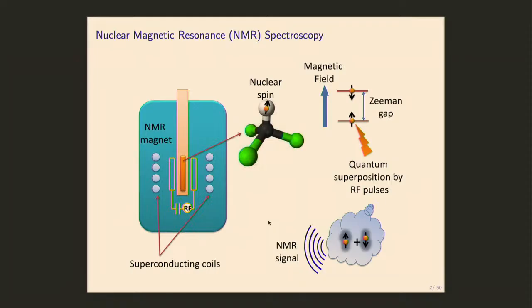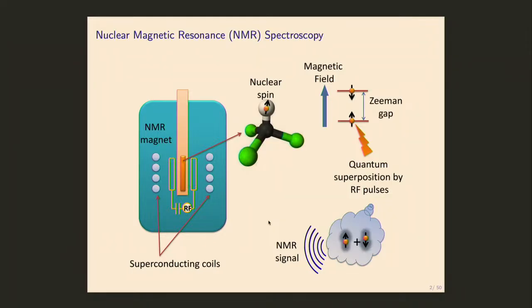There are more spins aligned parallel to the magnetic field than anti-parallel, so there is a net magnetization, and that net magnetization can be tilted by resonant radio waves. You have to make sure that the frequency of the radio wave matches the energy gap. For about 10 Tesla it will be about 400 megahertz.